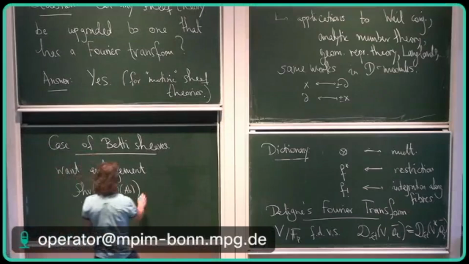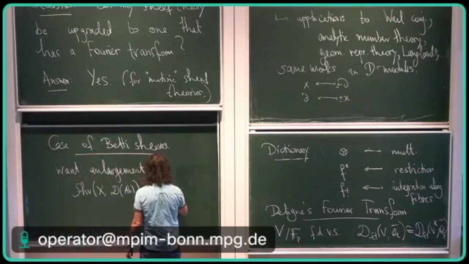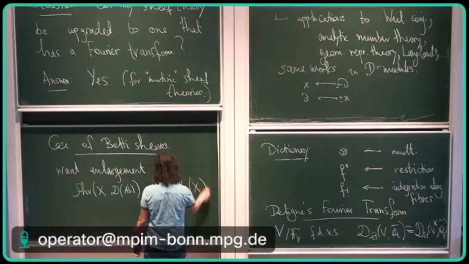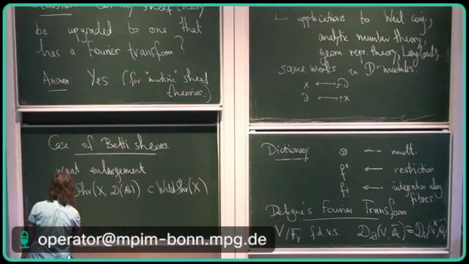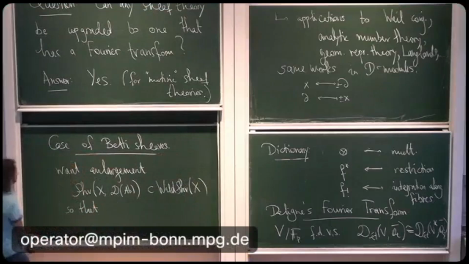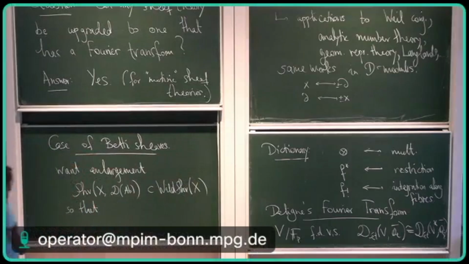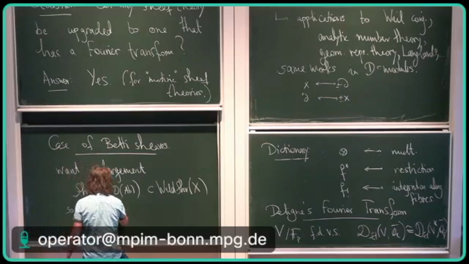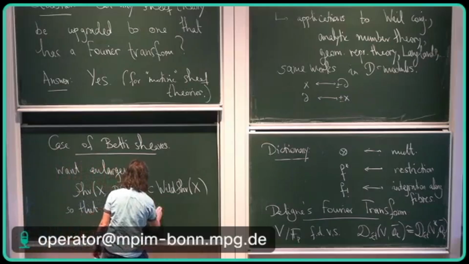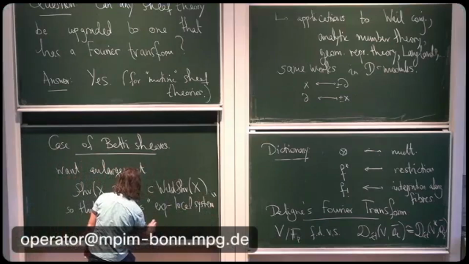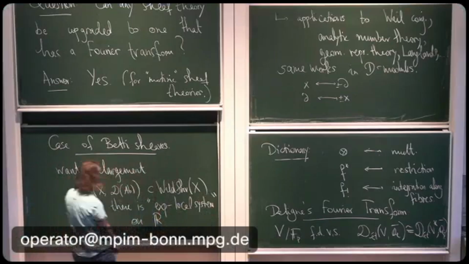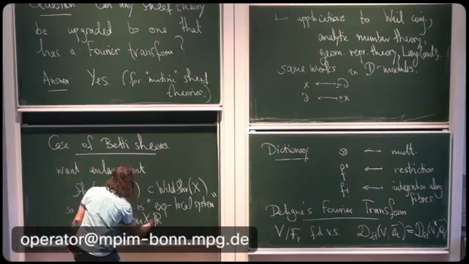So you want to enlarge this into something called, let's just say, wild sheaves on X, so that there is a non-trivial, some kind of exponential local system on, well, on C or just really on the real numbers, on X equal to R.